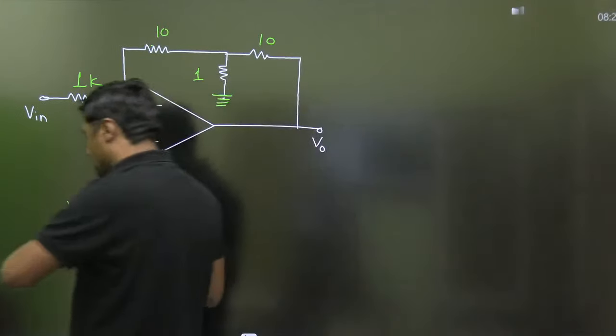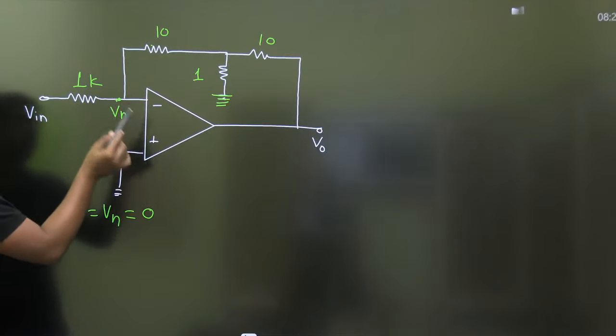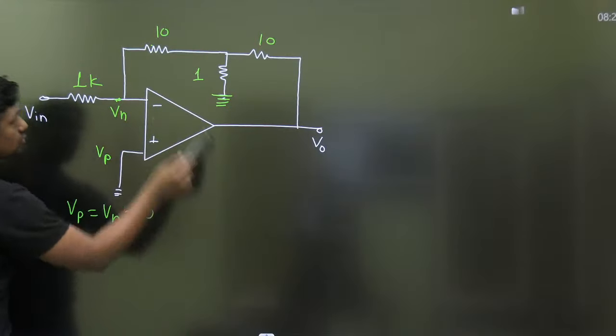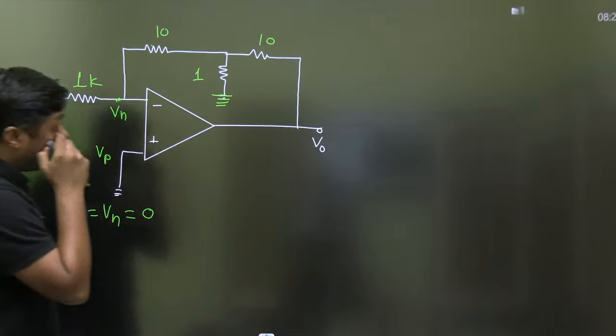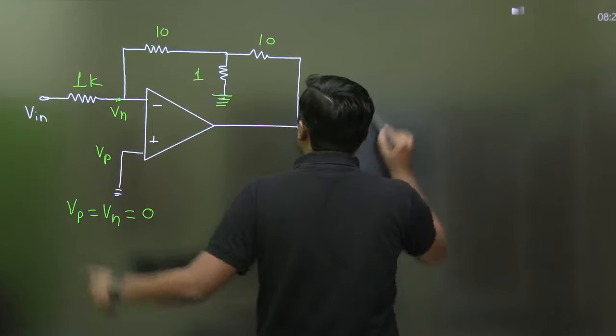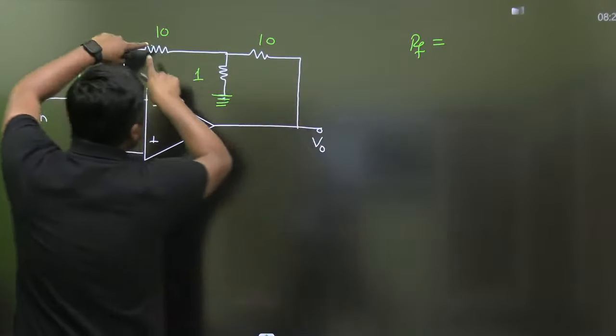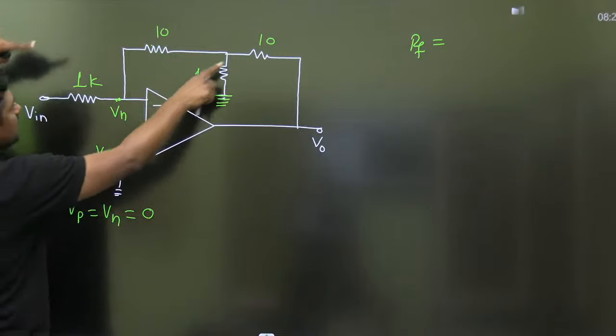Why it is wrong. When this is ground, this is virtual ground. If you take these two in parallel, then you will find the RF here. What is the RF here? This 10 kilo ohm and 1 kilo ohm are in parallel, and that is in series with the 10 kilo ohm.